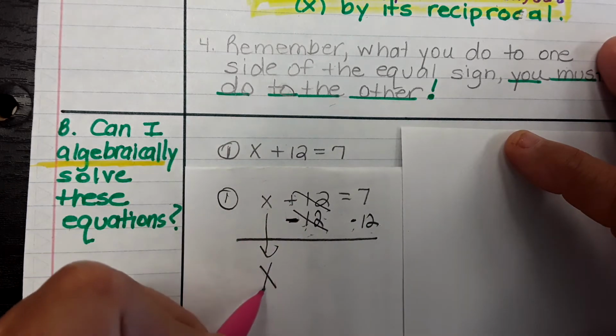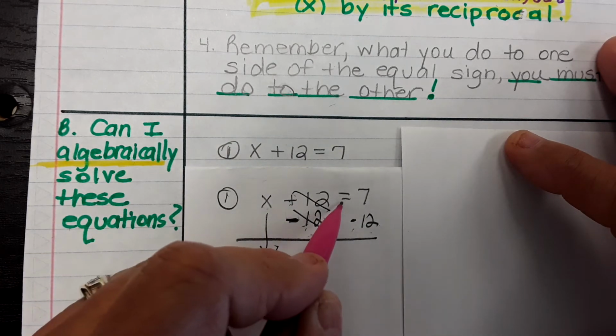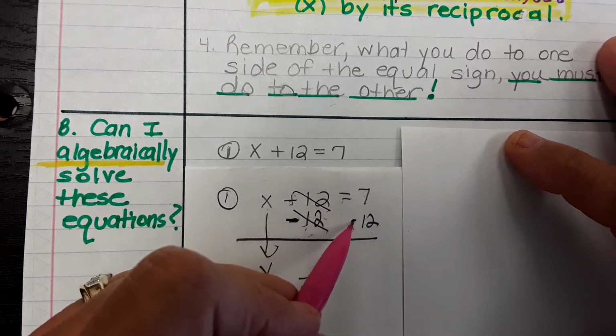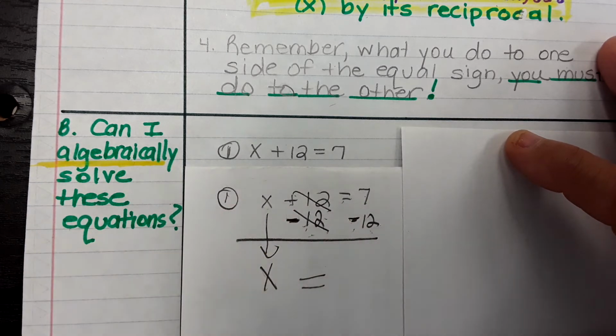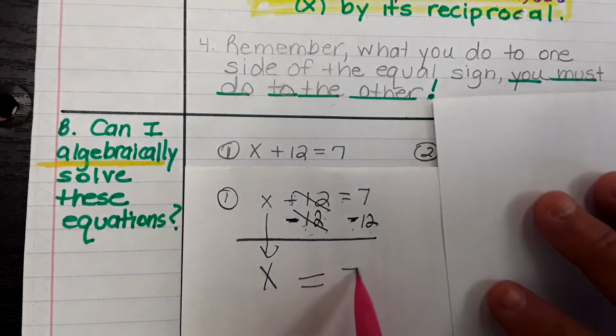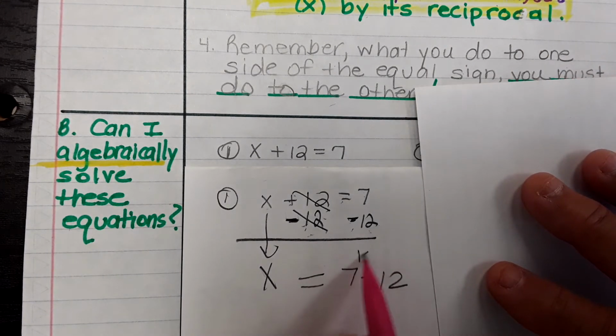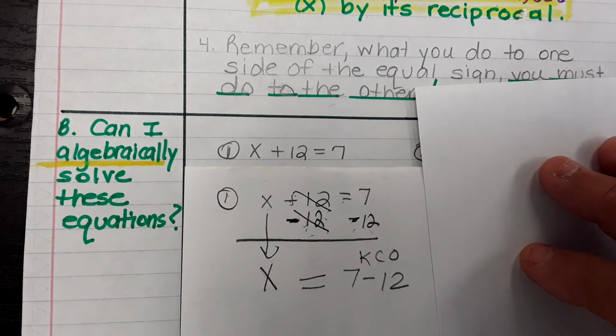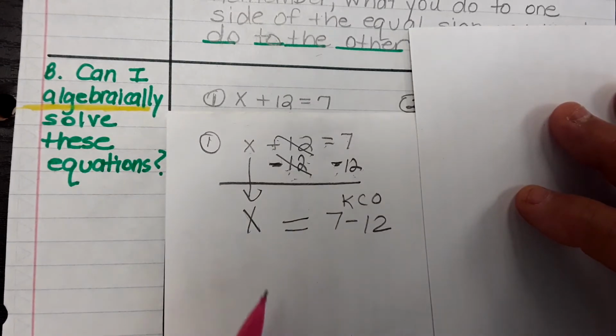You drop down x, drop down equals, and then now we've got just 7 minus 12. Now, can you take 12 away from 7? No, exactly. So if I have to do 7 minus 12, I'm probably going to have to KCO that. So those integers are coming back into this lesson.